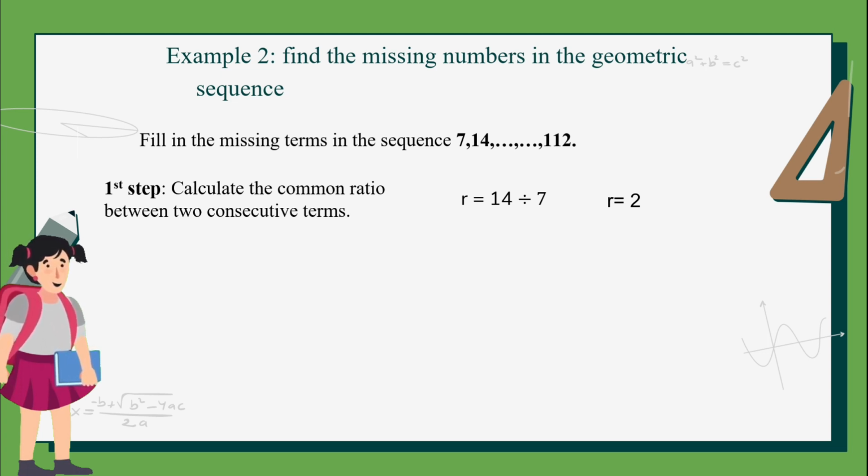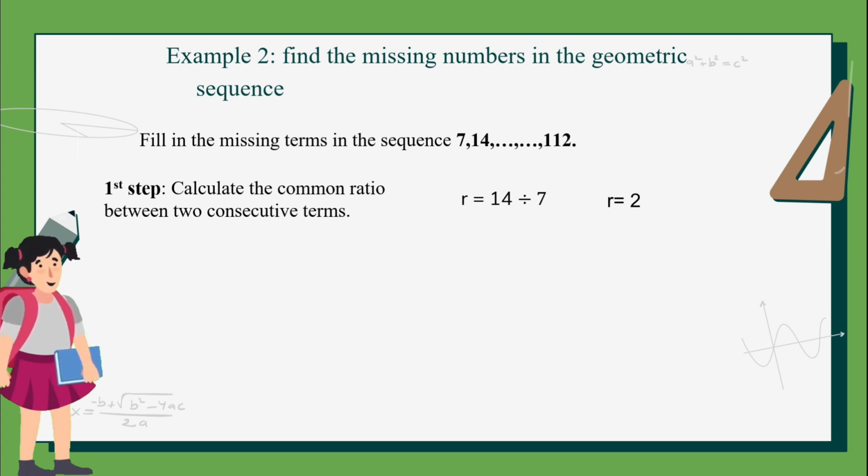Since meron na tayong first and second term, gagamitin natin ito upang makuha ang common ratio. So, parehas kanina sa example number 1, i-divide lang natin ang second term sa first term, which is 14 divided by 7 is equal to 2. So, ang common ratio natin ngayon is 2.